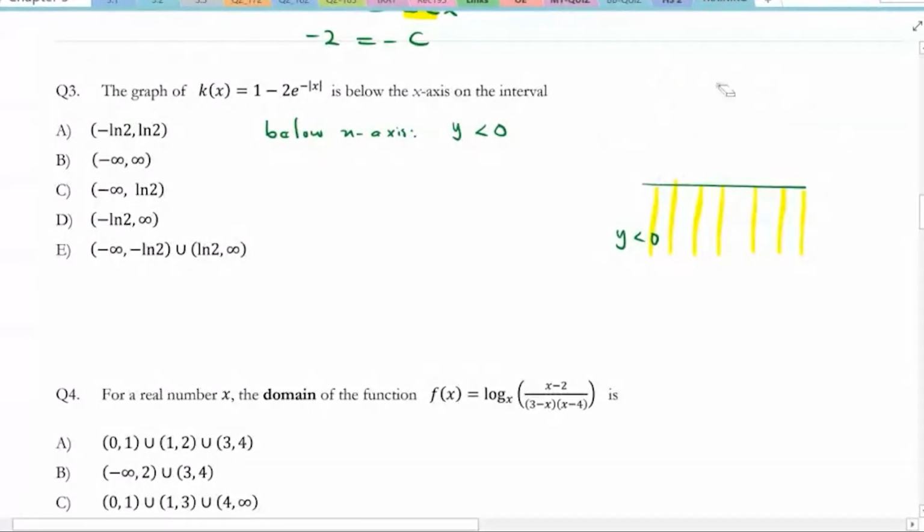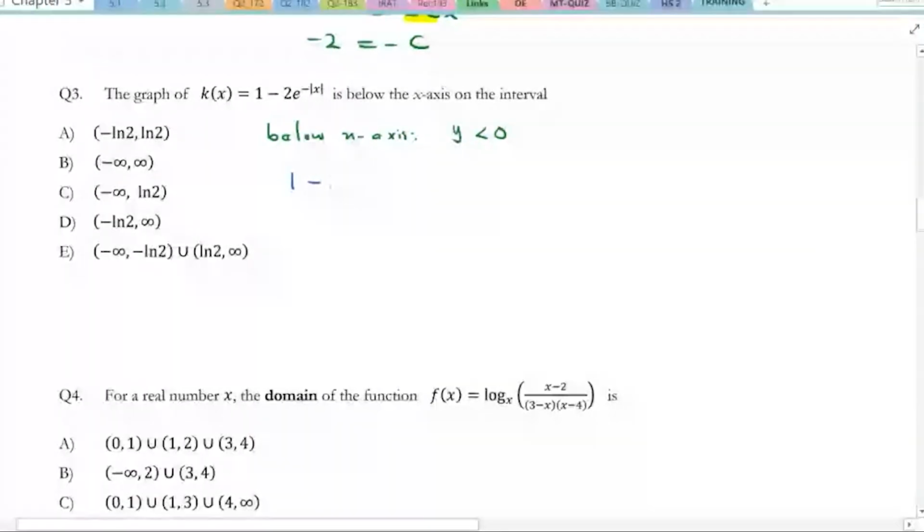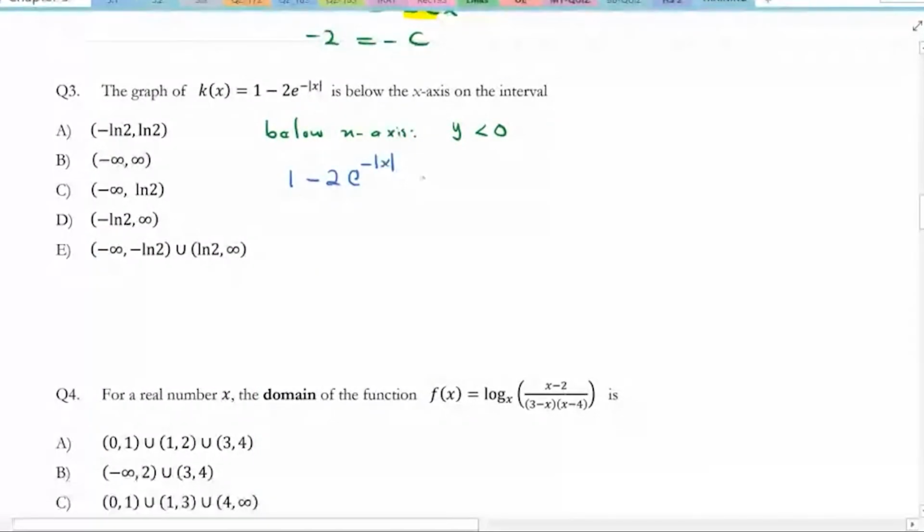So we are interested in below the x-axis now. So that means we're going to say 1 minus 2 multiplied by e to the power of minus absolute value of x is less than 0. Let us solve this inequality.